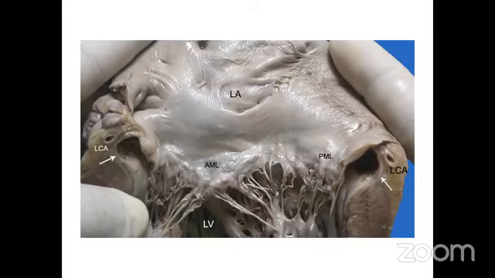So here there is an involvement of the posterior mitral annulus, and here it shows the presence of dilatation which occurs below the posterior annulus. So this is an example of a submitral aneurysm.